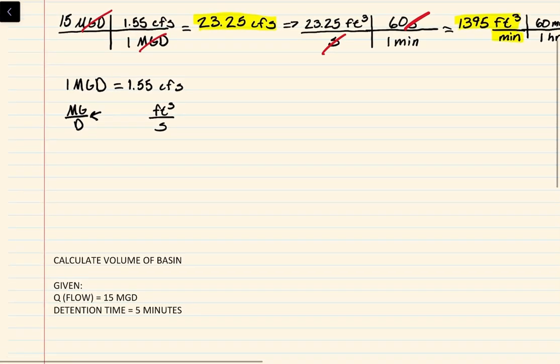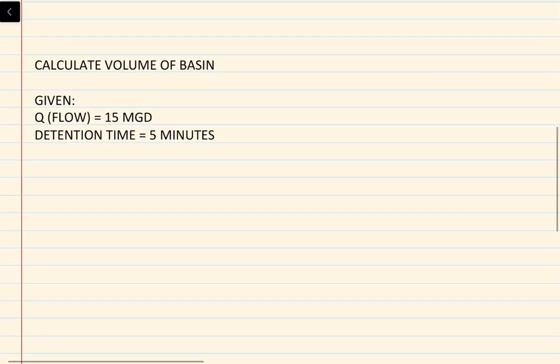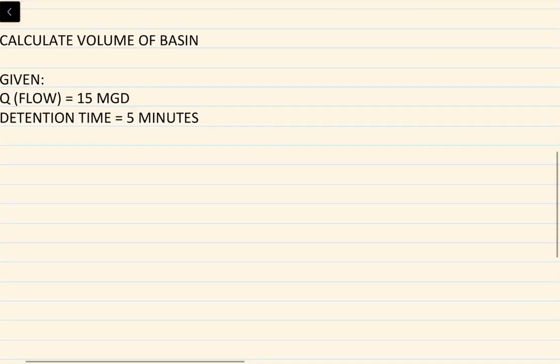So I want to go over why this is important. So I want to calculate the volume of a basin, and the only given information that you have is that the flow incoming is 15 MGD, and you need a detention time of 5 minutes. So the formula for detention time is like this.